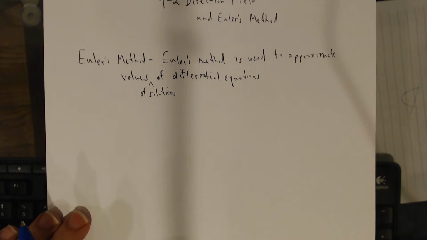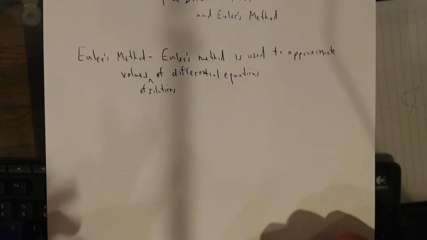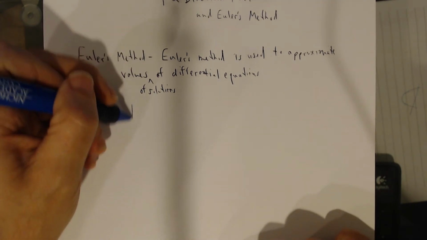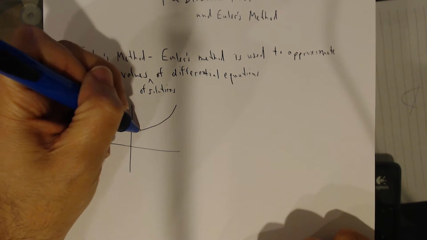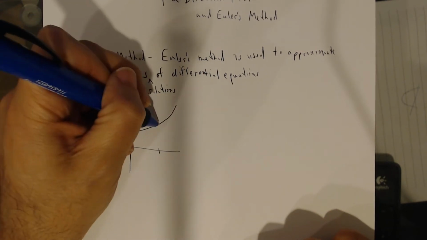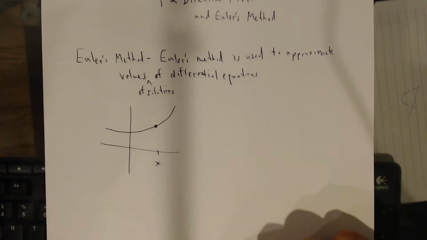So basically, Euler's method is something similar to what we did earlier on in this class. If you remember, we had a curve and we said, look, at this x value, what's the y value of that point?